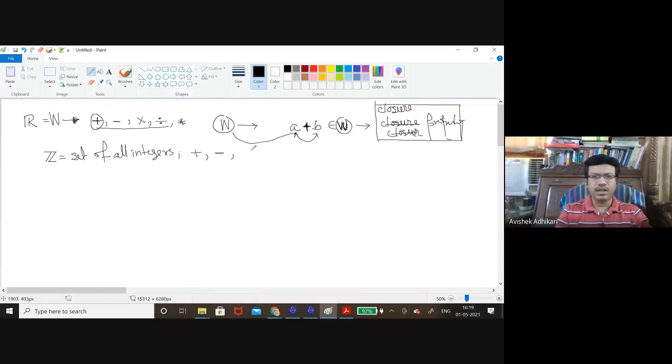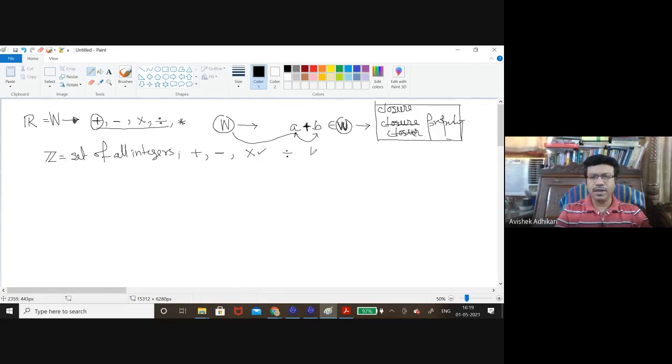Similarly, if I multiply any two elements within Z, will it be within Z? Of course, the answer will be yes. If you consider any two elements from Z, then the product of these two elements will also be within Z. But the problem comes for the first time here.